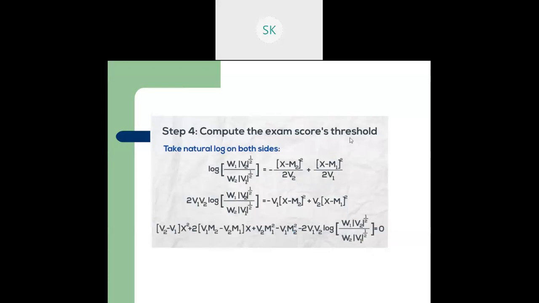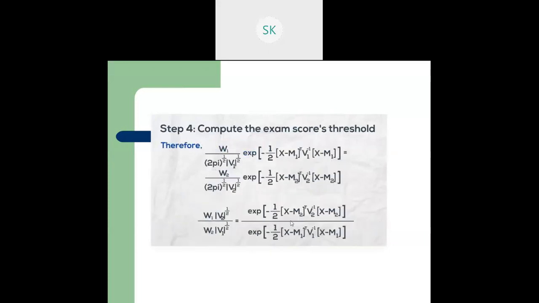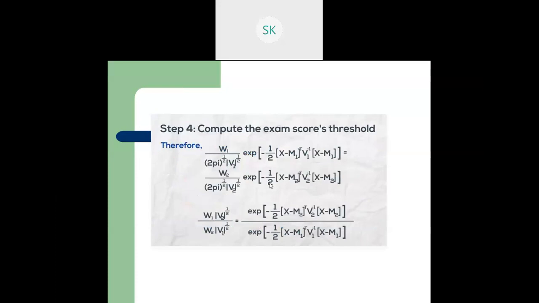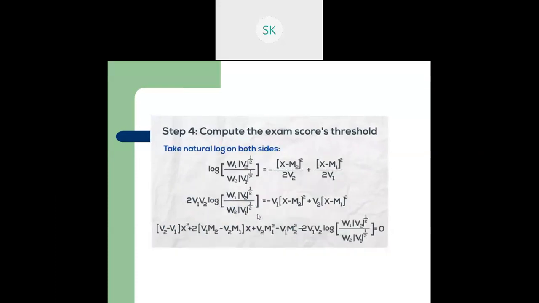To compute the exam score threshold, take the natural log on both sides. For this equation, we are taking the natural log. So log of the left-hand side is equal to log of the right-hand side. So this log and exponential part will get cancelled.